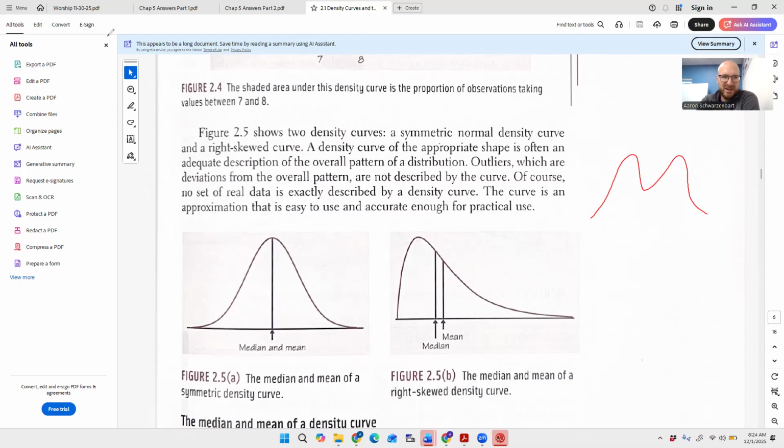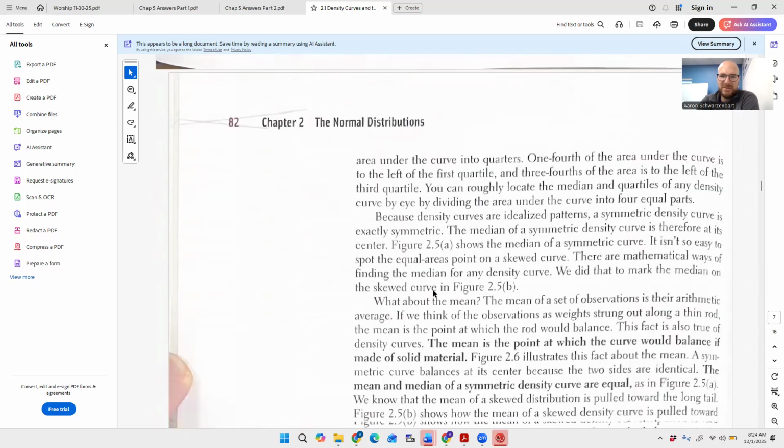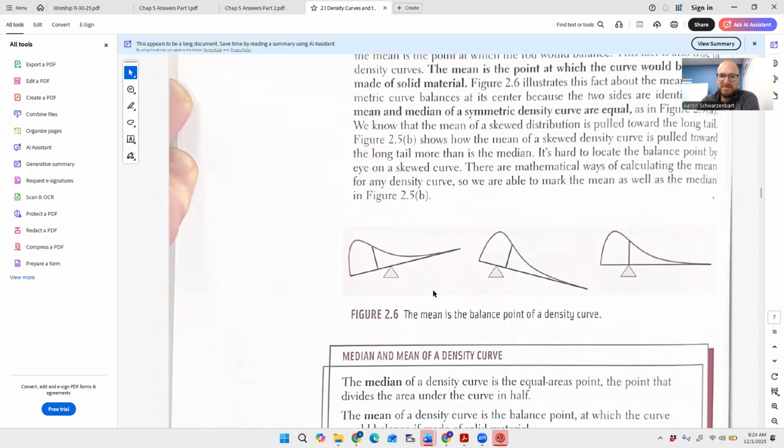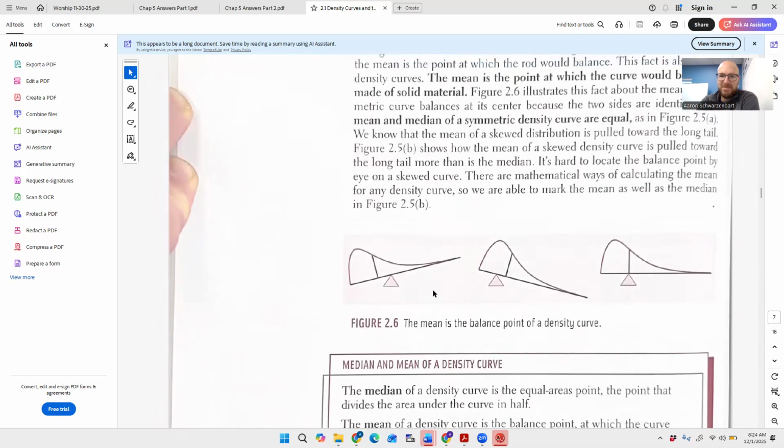So mean on the graph. Mean is the balance point. So there's equal weight distribution. You guys have done a seesaw, right? Teeter-totter. If you're the lighter person, you have to move back, and the heavier person has to move towards the middle, because that balances out the torque.